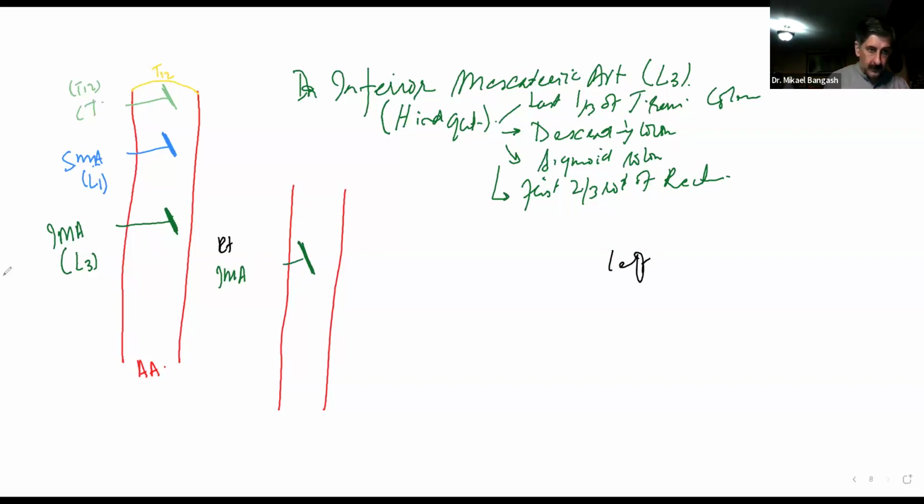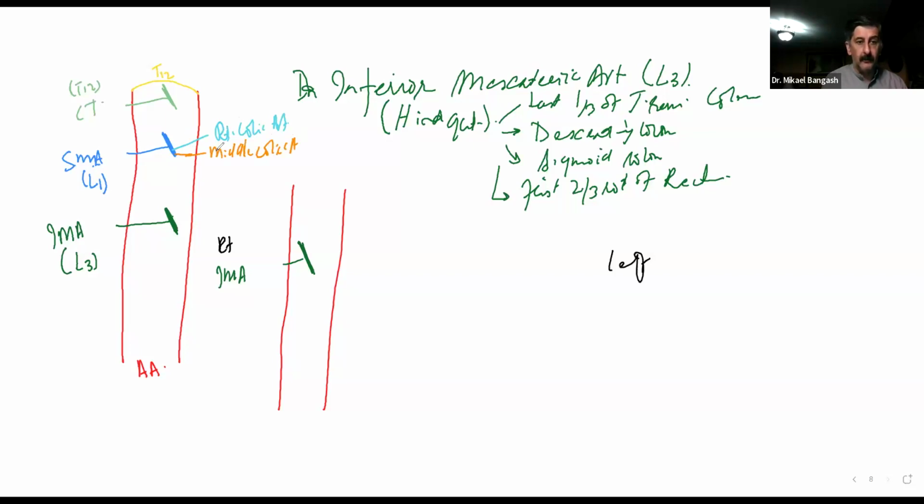Now, just to make a little bit of sense of what we said, we had of our superior mesenteric artery mainly a branch that we call the right colic artery, and a branch that we call the middle colic artery.